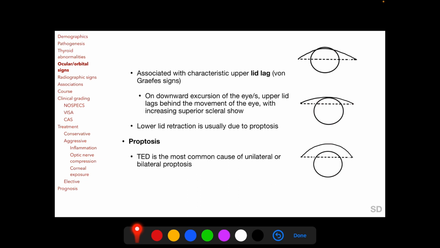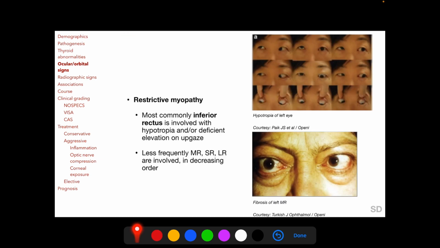TED is the most common cause of both unilateral and bilateral proptosis, as we have mentioned, and this is very important to remember. TED is a cause of restrictive myopathy, and most commonly the inferior rectus muscle is involved when we find hypotropia and or deficient elevation of the eyeball on upgaze.